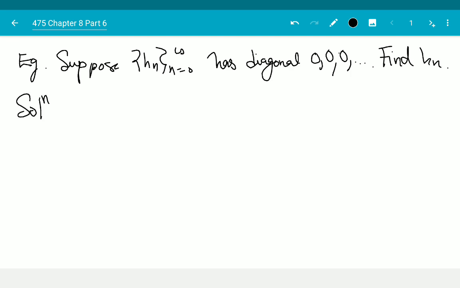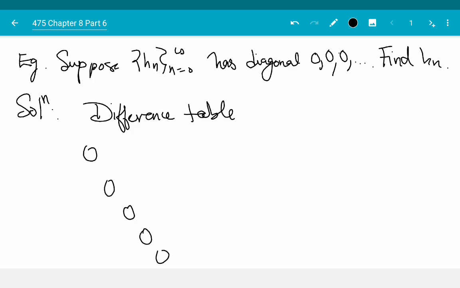Solution? Well, let's look at the difference table. The difference table looks like this. My diagonal is 0, 0, 0, 0, 0, 0, right? I don't know what the other terms are, and everything else I don't know, right?